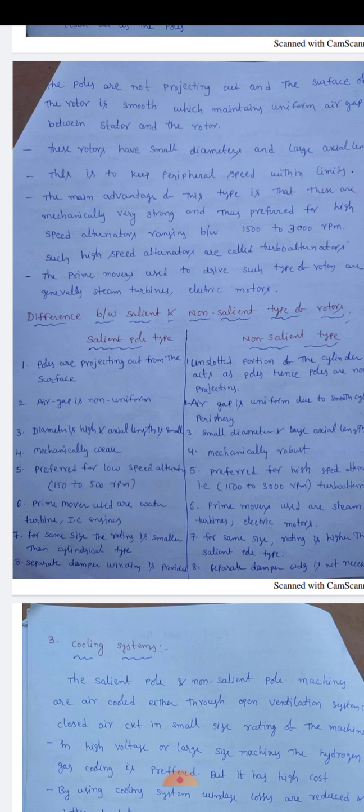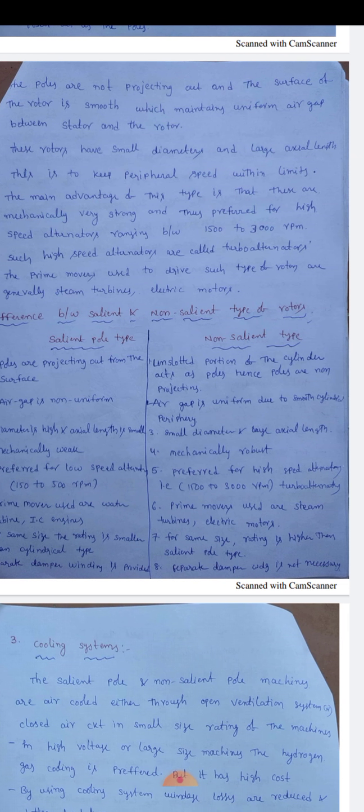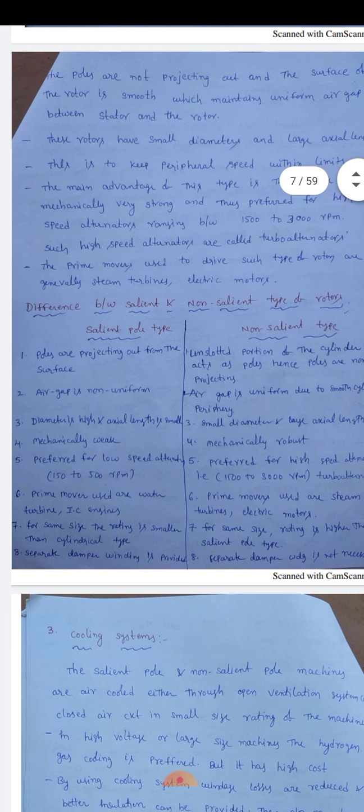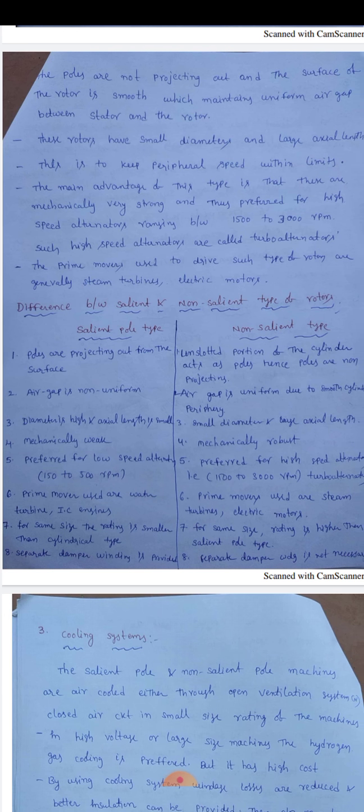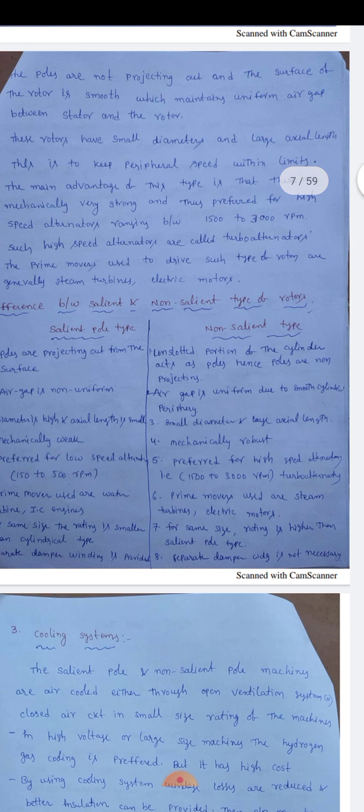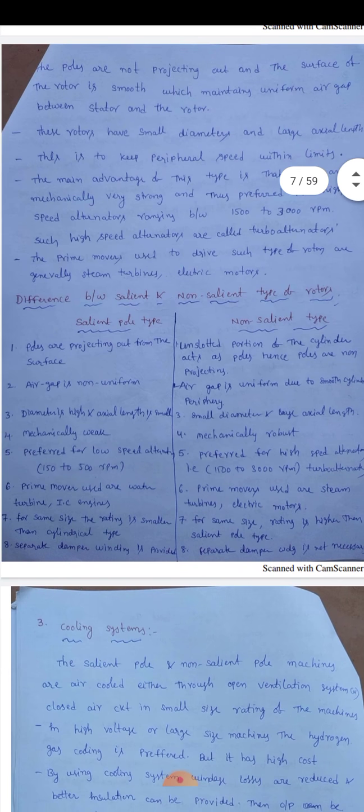Salient pole types are preferred for low speed alternators, whereas non-salient pole types are preferred for high speed alternators. In salient pole type, the prime movers used are turbines and IC engines, whereas in non-salient, the prime movers used are steam turbines and electric motors.